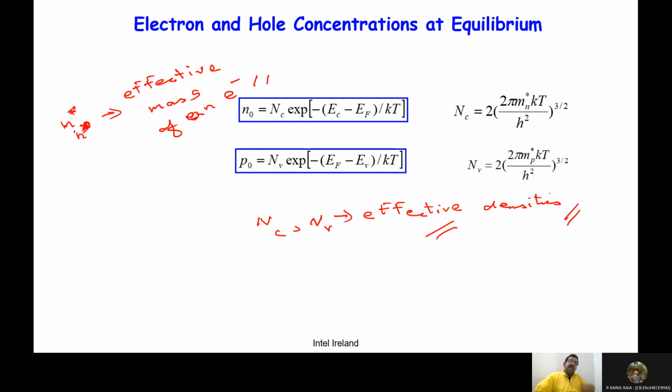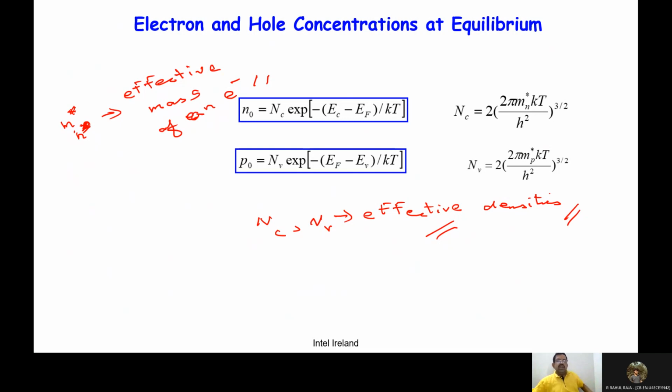It has to move against the crystal field. There is a periodic potential because all the atoms are packed in a solid, and there is a potential function associated with this. By virtue of quantum mechanics, and because these electrons are moving through the crystal under the influence of the crystal field, the mass will be different from the rest mass.